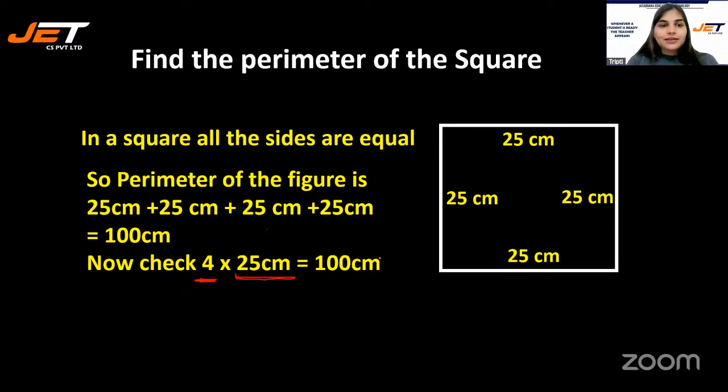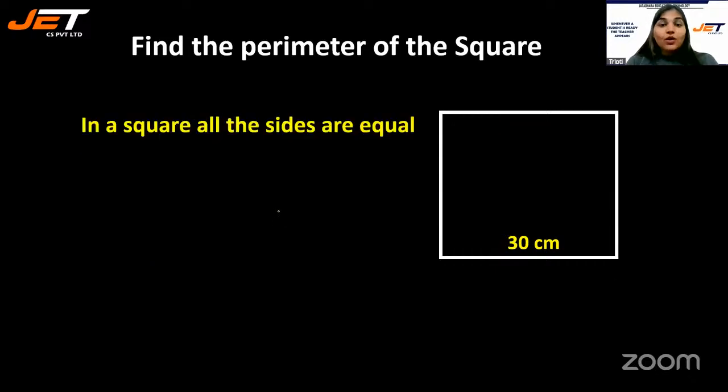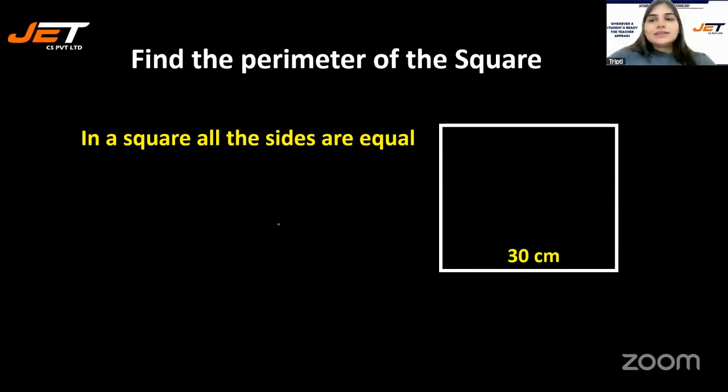Again, all the sides are equal, so you can do it either way: just add all the sides, or take 4 times one side. I hope it's done.